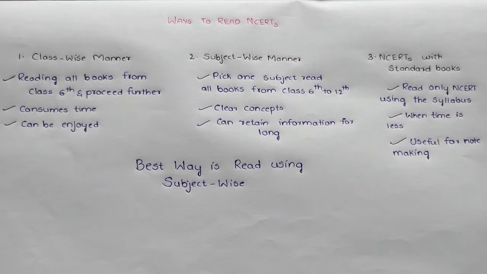After completing class 6 to class 12th, we will proceed to other subjects like polity, and from polity also when we have completed NCERTs, we will go for other subjects. After completing one subject we will be moving on to other subjects. This is how we read NCERTs under subject wise manner.